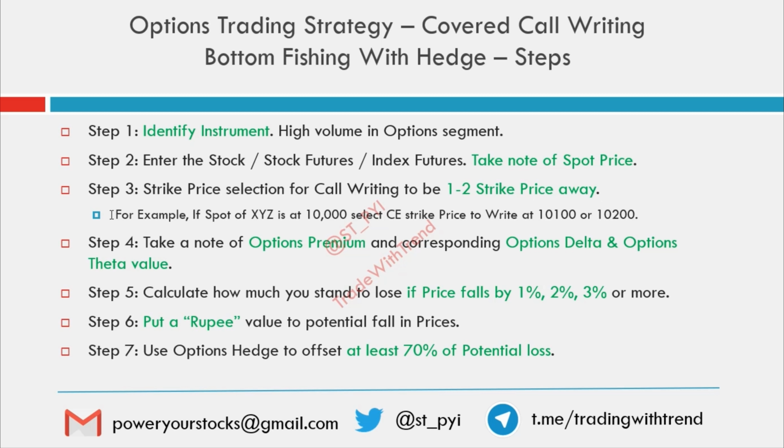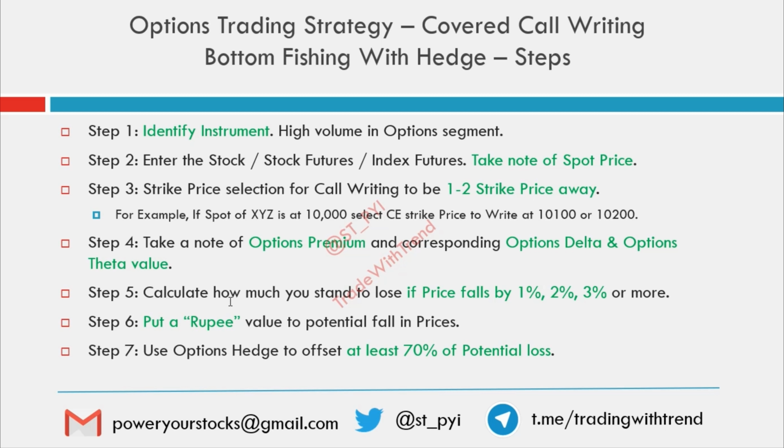Hypothetically, let's assume you want to enter XYZ, and the spot price is 10,000. Your call option strike price selection should be 1 or 2 strike prices away, which is 10,100 or 10,200. Step 4, take note of the options premium that you will be receiving while writing call options, and take note of the options delta and options theta value.